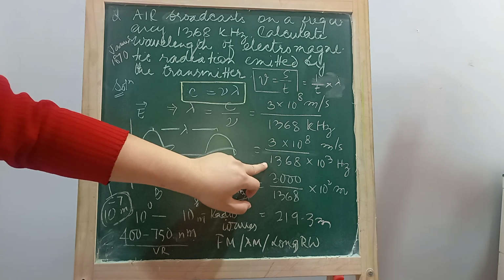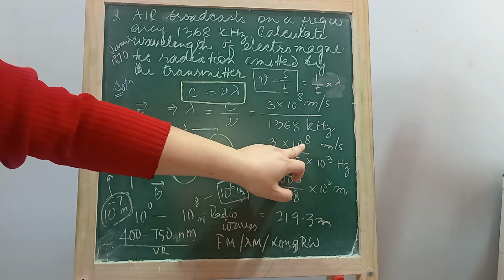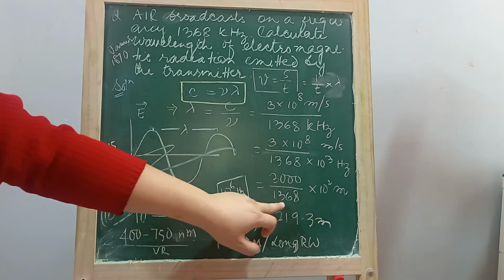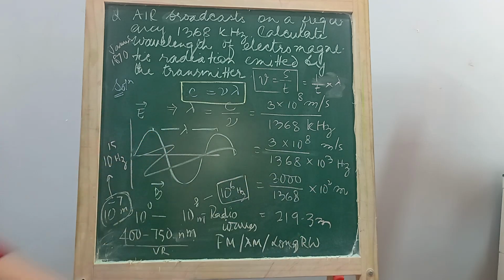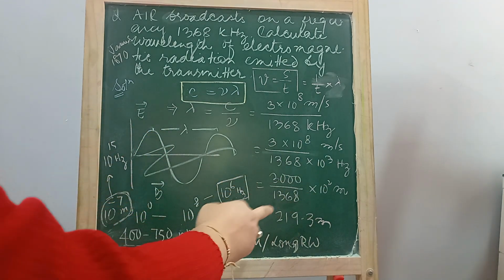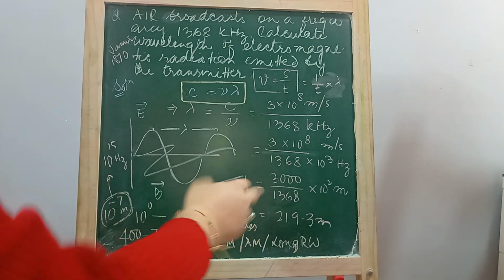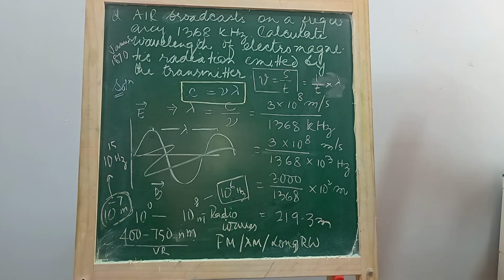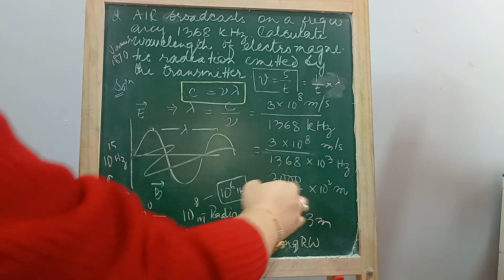Taking 3 zeros from here, 3000 by 1368, what remains is 10 to the power 2. 3000 by 1300 is around half of it, so 3 by 1.5, which is 2, that is 2 into 10 to the power 2.